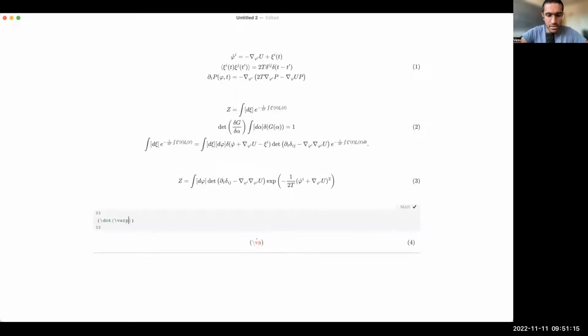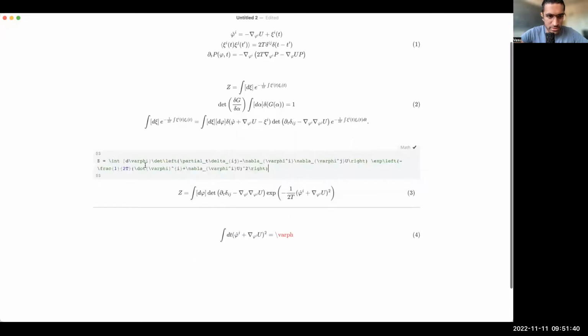Now what we can do, before proceeding further, is note that the expansion of the whole square of phi dot i plus nabla i u actually contains a total derivative term, especially when you put it under the integral sign, which is what we should be doing here too.